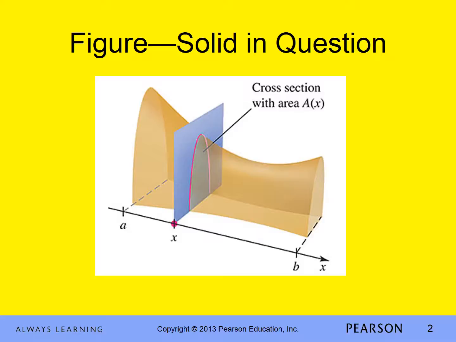So you cut this thing with a plane perpendicular to the x-axis, and you can see that there's a region in there, and we have access to an area function A of x, which gives the area of the cross section for any input x.